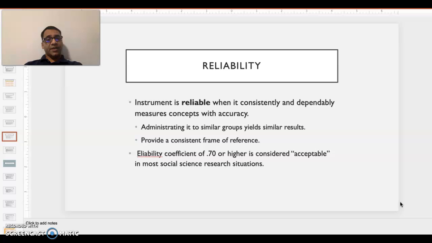When we administer it to similar groups, it yields similar results, and it provides a consistent frame of reference. So the reliability coefficient of 0.70 or higher is considered acceptable in most social science research situations.